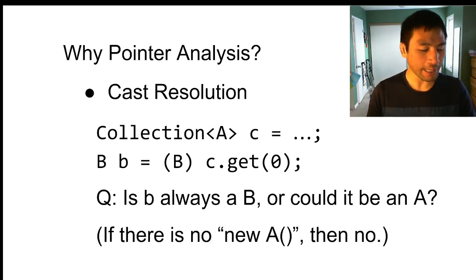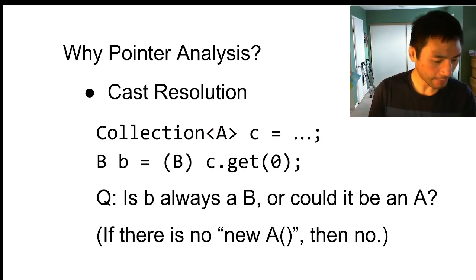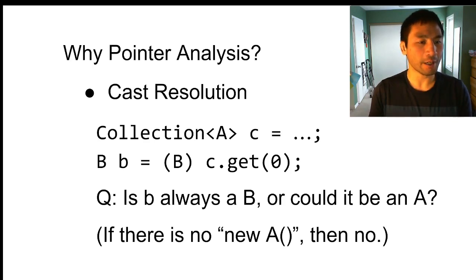And we can do cast resolution. So we can say, look, you have this method, and you have a collection, and you get something from the collection. Let's say that the collection has type collection of A, and you get a B from it.